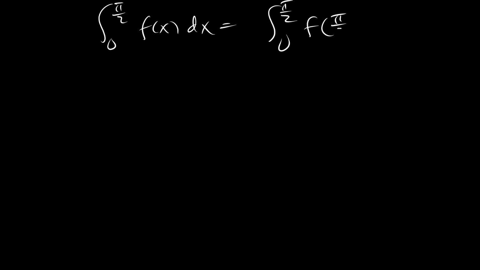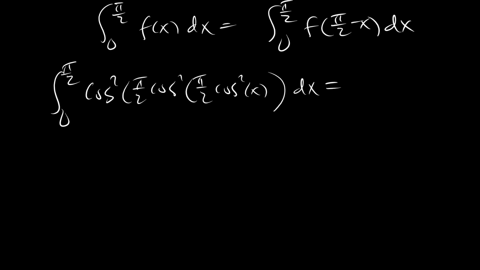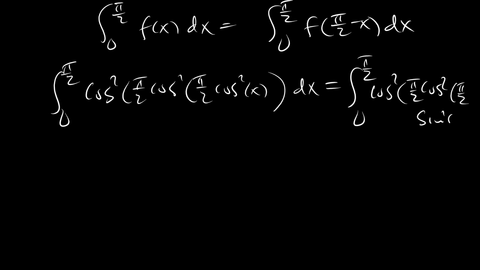and so what that means for us is that our integral from 0 to pi over 2 of f(x) is the same as the integral from 0 to pi over 2 of f(pi over 2 minus x), which means that the integral from 0 to pi over 2 of cosine squared of pi over 2 cosine squared of pi over 2 cosine squared of x is equal to the same integral of cosine squared of pi over 2 cosine squared of pi over 2 sine squared of x.